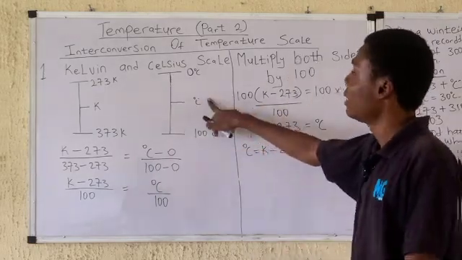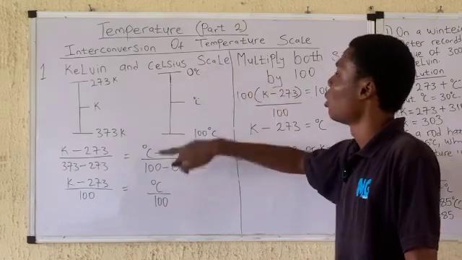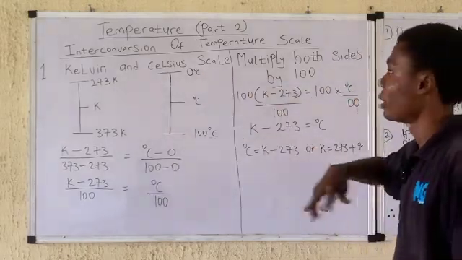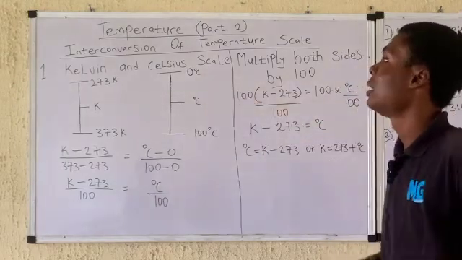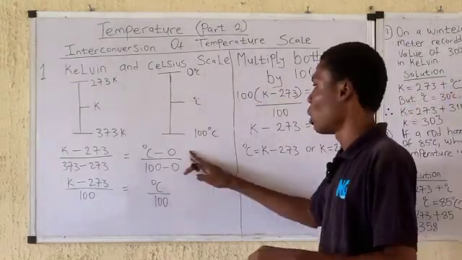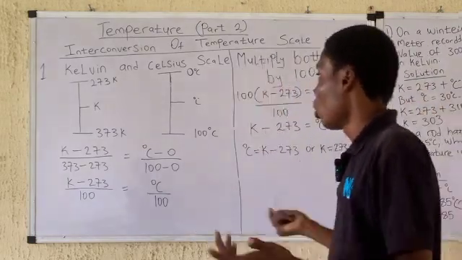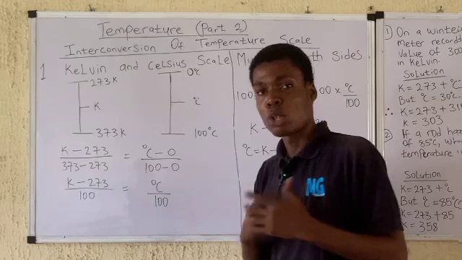We have degrees Celsius minus the lower fixed point, divided by 100, which is the upper fixed point, minus 0 degrees Celsius, which is the lower fixed point. What do we do next? We subtract.